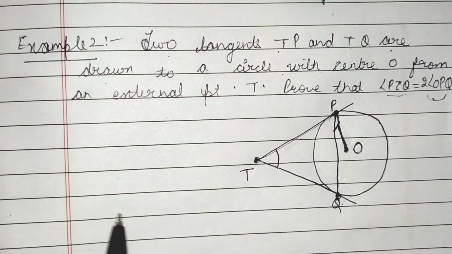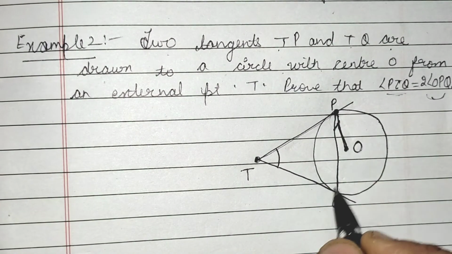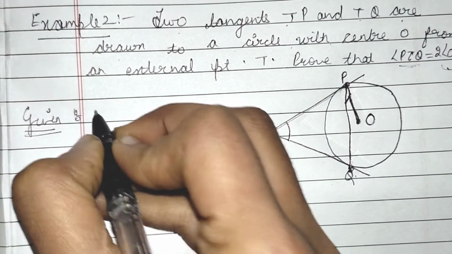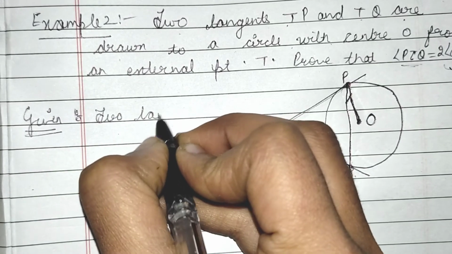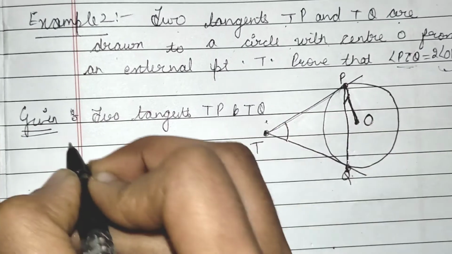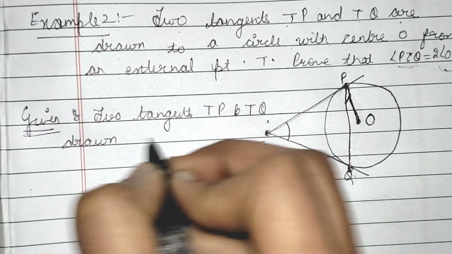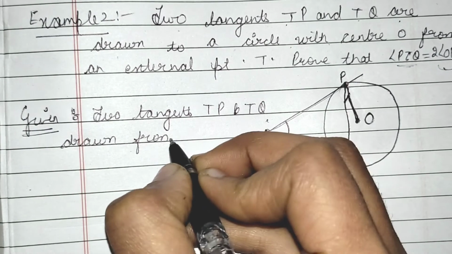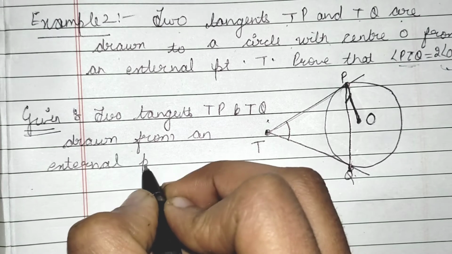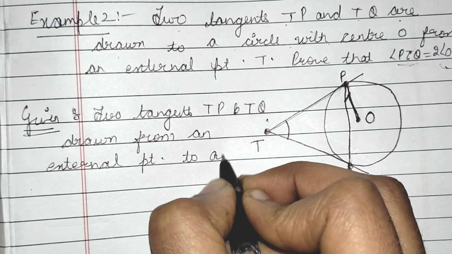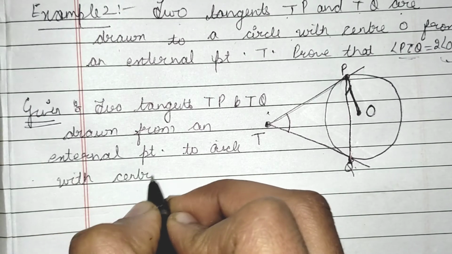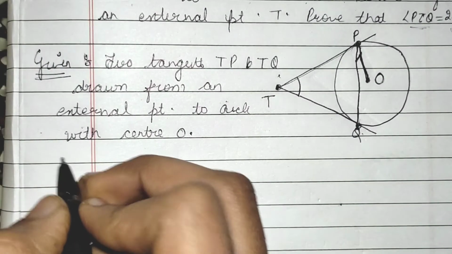Okay. So to prove that, what we will do? So first we will write down our given. Given is what? Two tangents TP and TQ drawn from an external point to a circle with the center O. Okay, so this much is given to us, right?